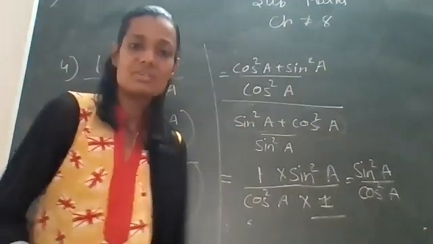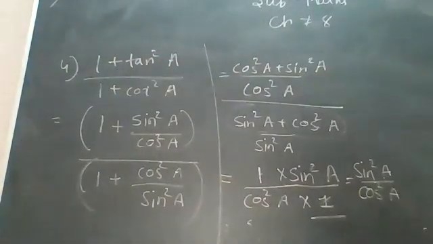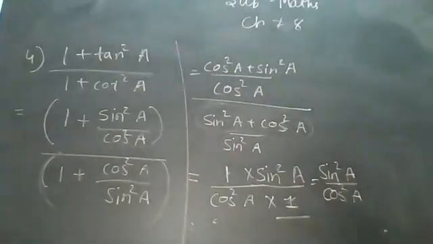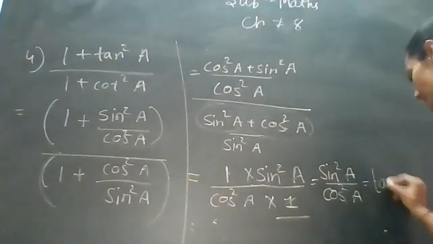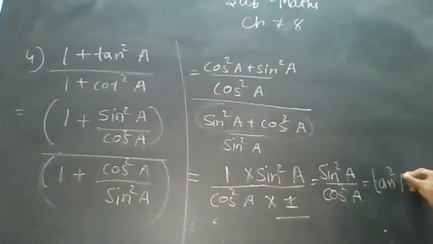Sin theta upon cos theta is equal to tan theta, or not? So the answer is tan square A. Like this way we can complete our MCQ.